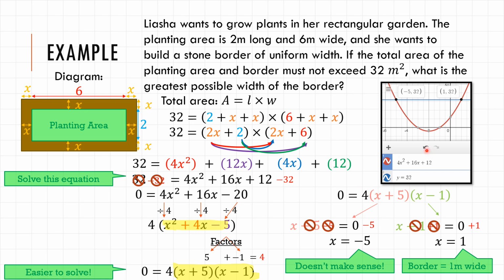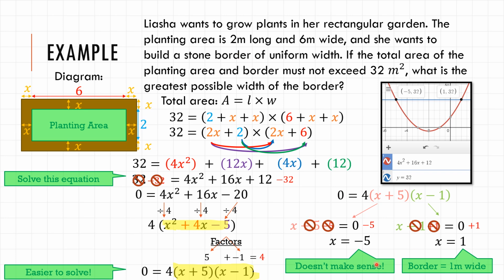Notice that this is a standard form of a quadratic, and it has made a parabola. And I can see that this parabola equals 32, that's my y value of 32, when x is -5 and when x is +1. So I can confirm that when the width is 1 meter, the area of the garden is 32 square meters.